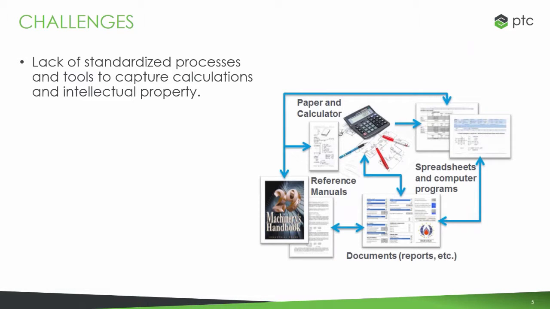Right now, we see a lot of companies struggling to find a standard way to document not only their calculations and any values that they need to save, but also design intent, critical information that should stay with any models or calculations you're doing so people understand what went behind any decisions that were made.